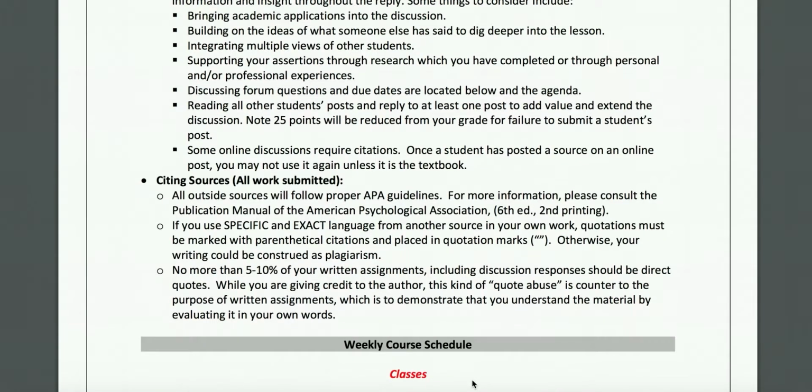Now, discussion questions are not like a research project. Certainly, you bring a wealth of knowledge through personal experience, work experience, and what you have read. Don't rely on any of those three just for a discussion question.